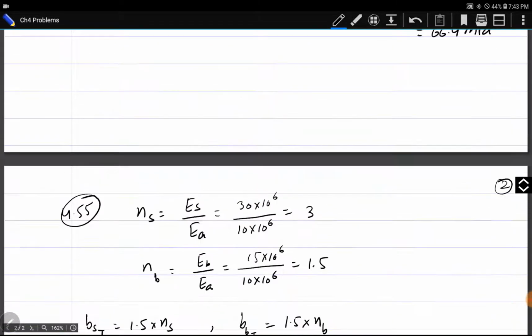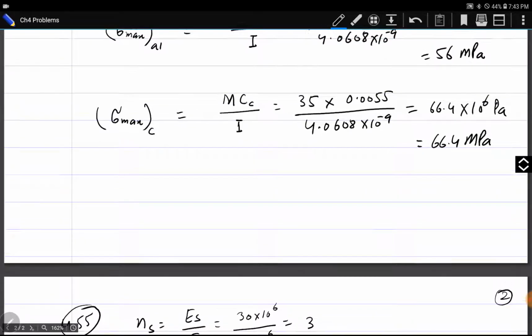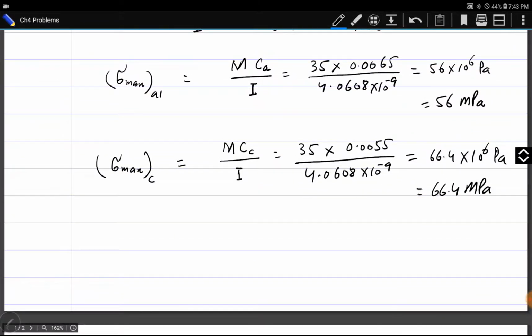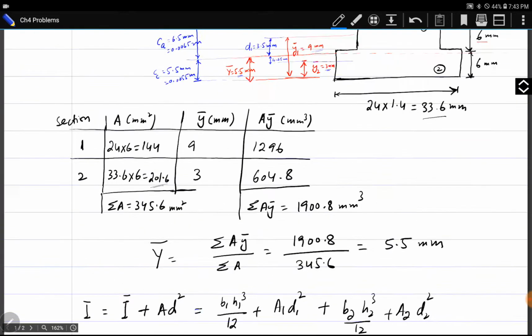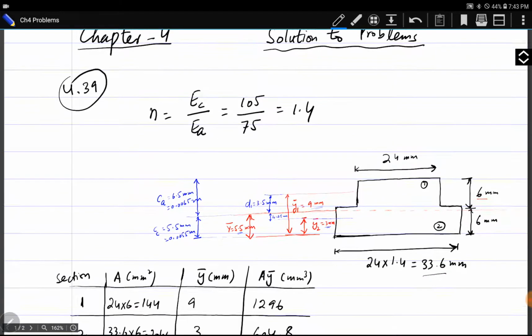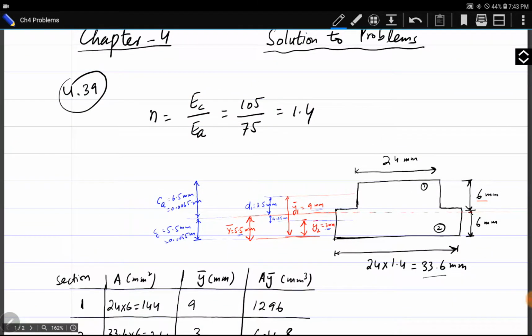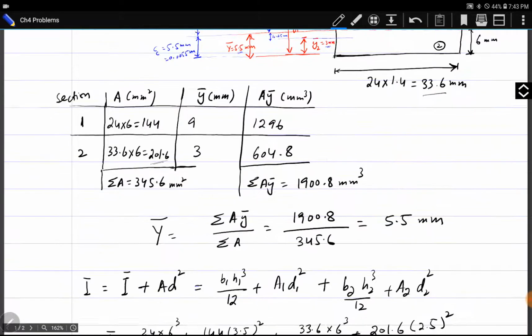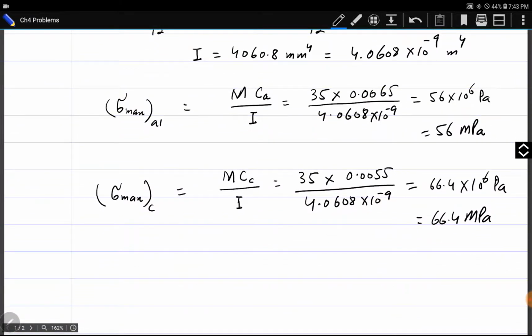In the previous problem, I have a doubt. There's a mistake, or I missed something in the previous problem. In problem number 4.39, we have N equal to 1.4. We have to multiply this value of N in the expression of copper, because we replaced copper with aluminum in the previous problem.